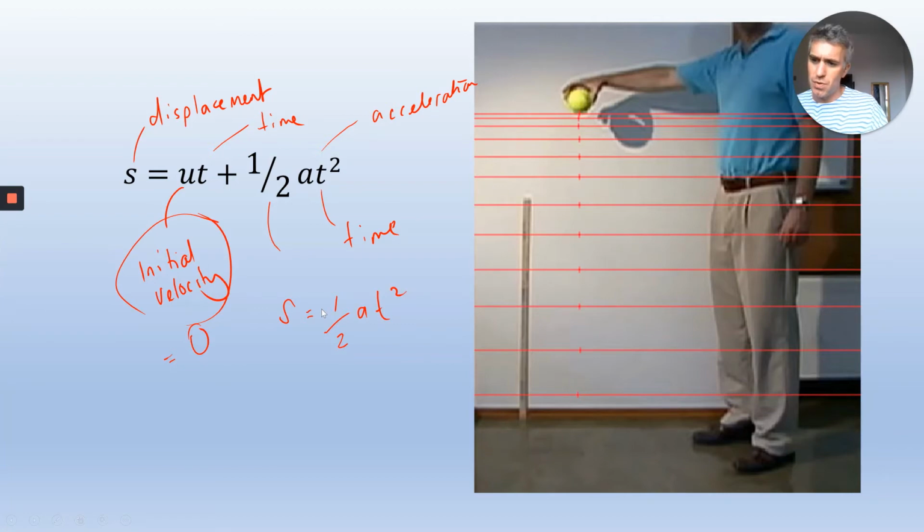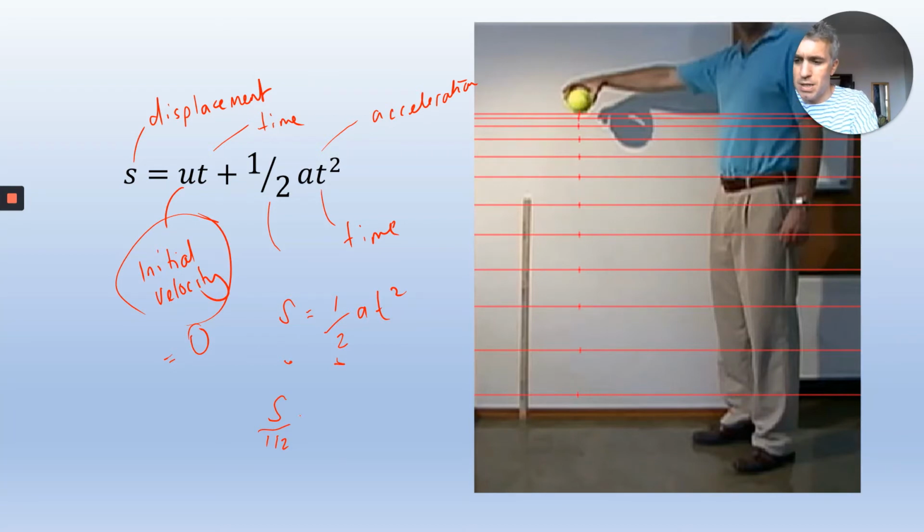Okay, so let's try rearranging this equation. First thing I would do is move the half from this side to this side, so that you are dividing by a half there. Those of you who are comfortable with maths should realize that dividing by half is the same as multiplying by 2.